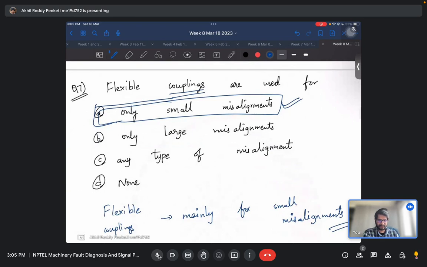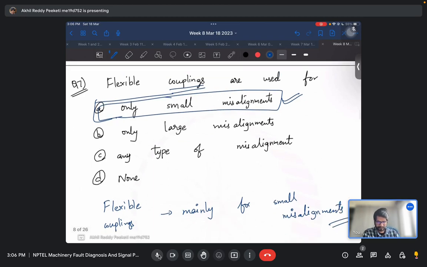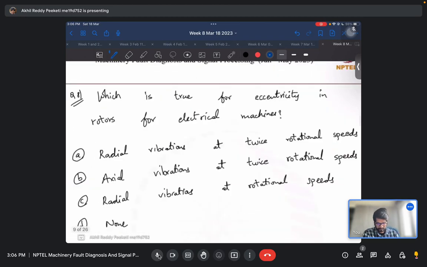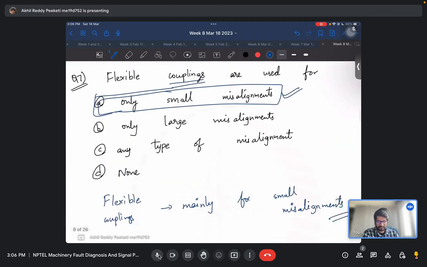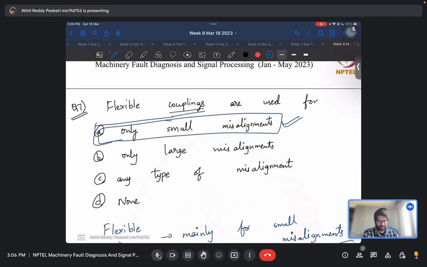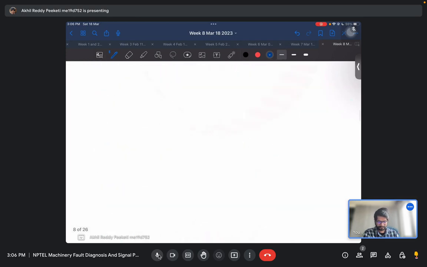And these flexible couplings are mainly used for cases where the misalignment is very small. So only in those cases, flexible couplings you can actually directly use instead of shims or jacks. Okay, so that is it with the shaft misalignments. Next, we will go to the next topic.